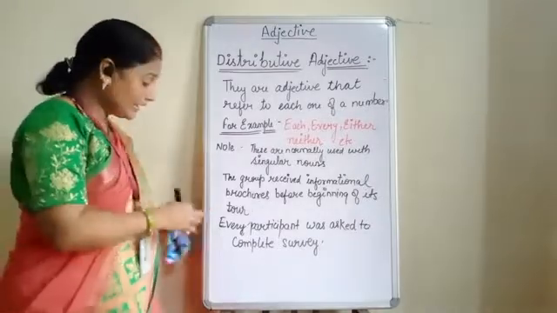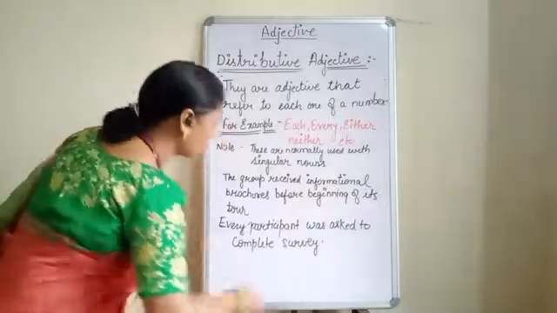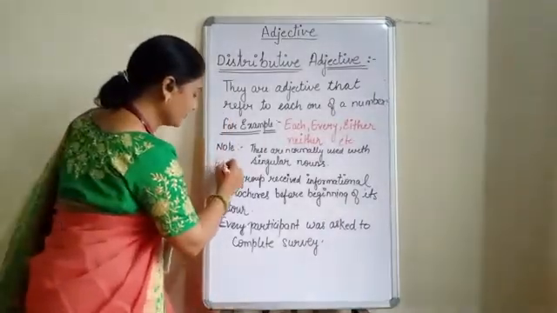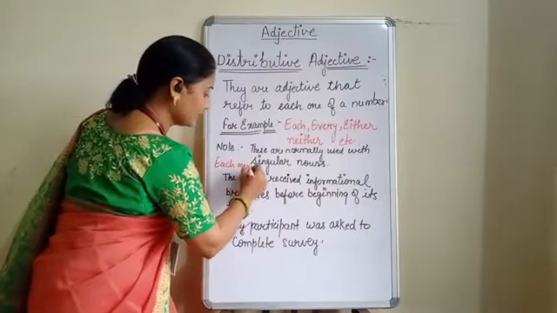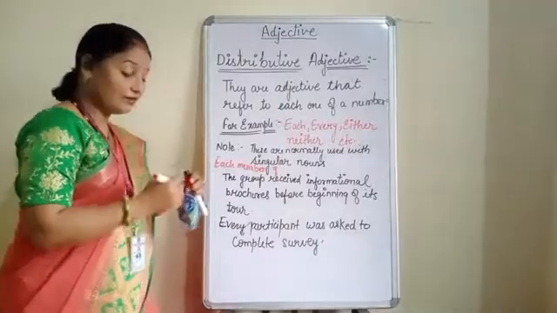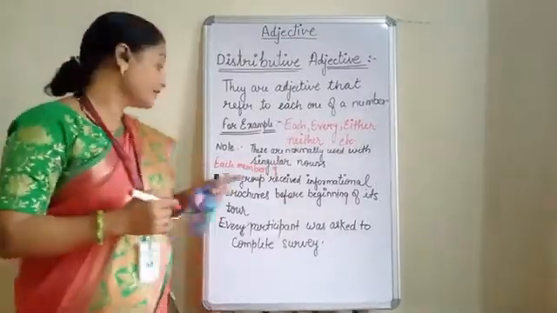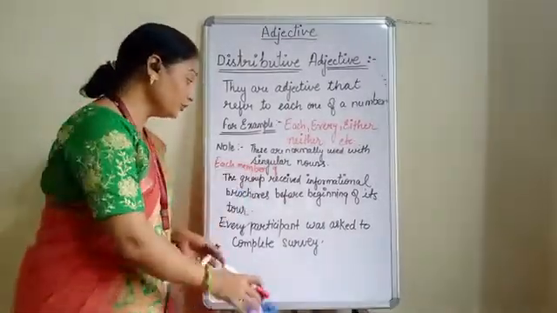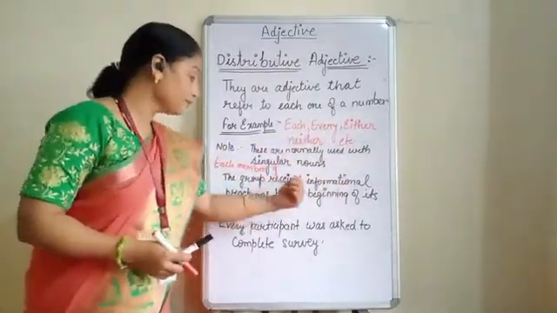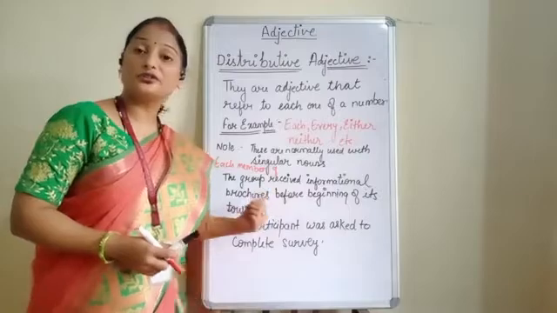So, if we write something, what to write? Suppose we write each member of. Okay, then what will the sentence be now? Each member of the group received informational brochures before the beginning of its tour.